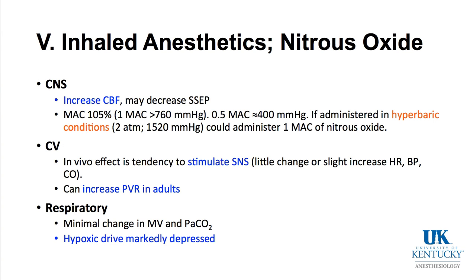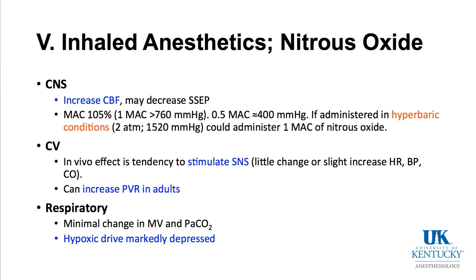Cardiovascular-wise, when a patient's breathing nitrous oxide, there's a tendency of nitrous to stimulate the sympathetic nervous system, and you might get a little change in heart rate and blood pressure and cardiac output that is an increase. And it also can increase pulmonary vascular resistance in adult patients. So remember, ketamine increases pulmonary vascular resistance. Nitrous oxide can increase pulmonary vascular resistance.